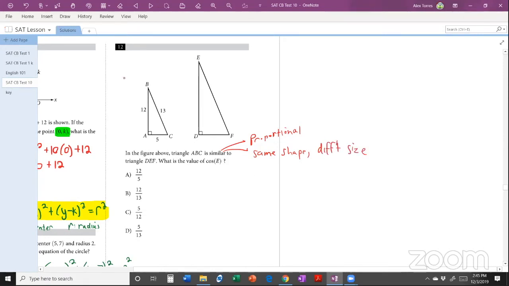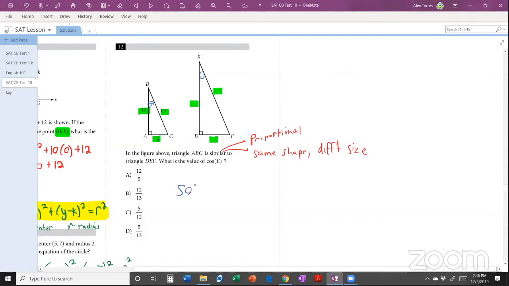But the idea is that if the sides are in proportion of 5, 12, 13, then whatever these sides are, they're going to be in a proportion of 5 to 12 to 13 as well. So whatever is the cosine of E is also going to be the cosine of B, because they're proportional, and trig ratios are nothing more than proportions themselves. So whatever we get for the cosine of B, that's going to be our answer.